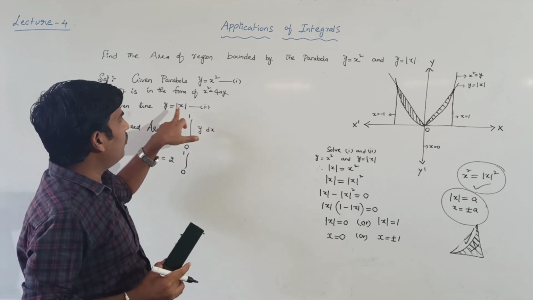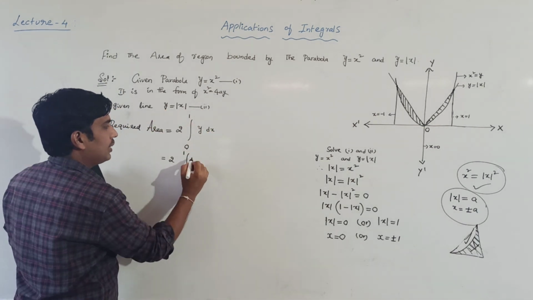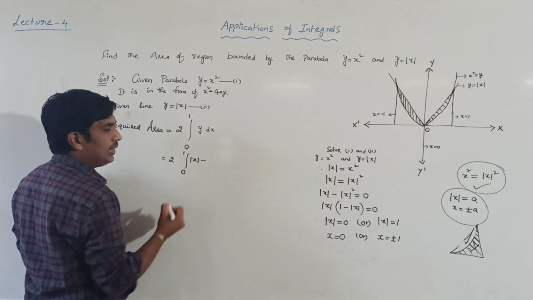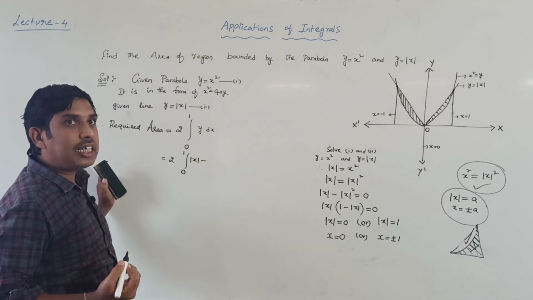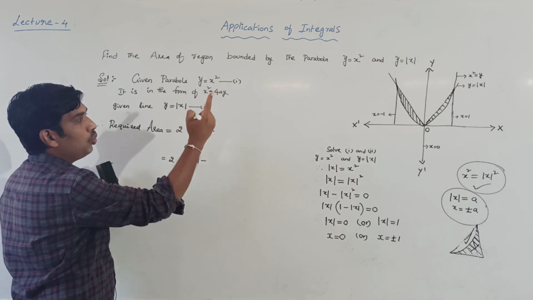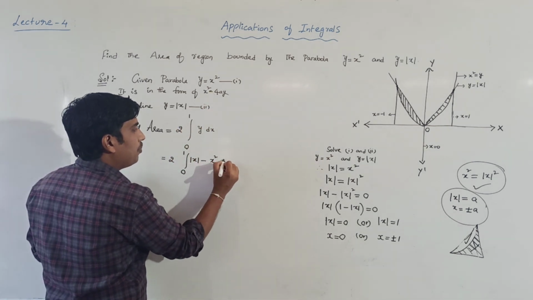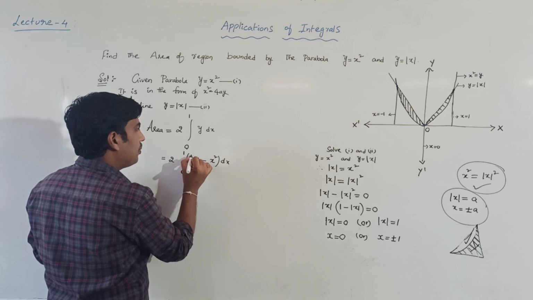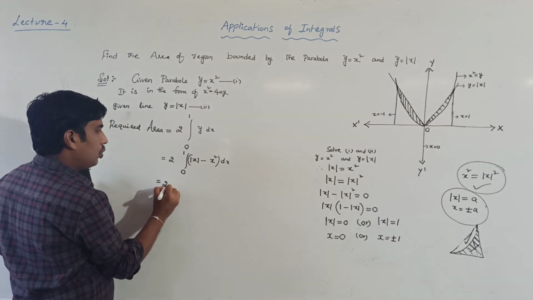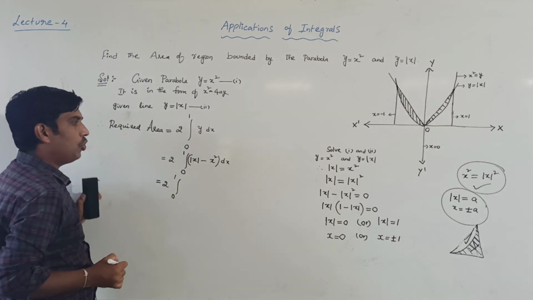So what is the line's y value? Mod x, minus the curve. In the curve equation, what is the y value? x square, whole dx. So 2 integral 0 to 1.